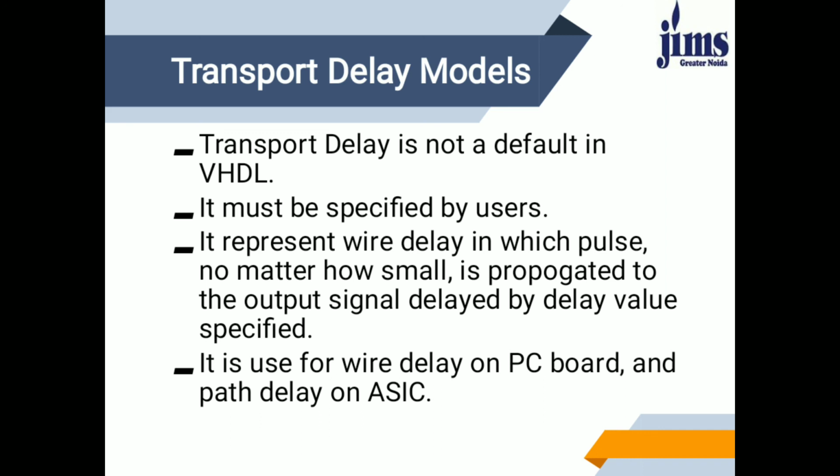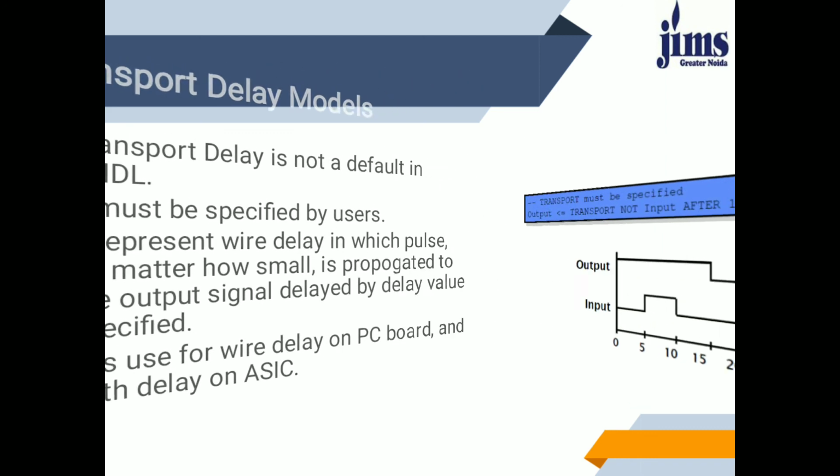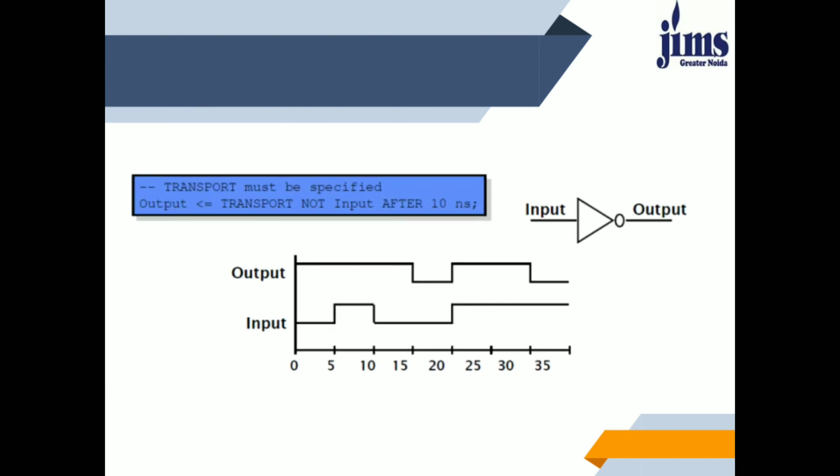It is used for wire delay on a PC board and path delay on an IC. In the transport delay model, we do not need to take care of a window. We just need to write after this many nanoseconds. Then we will obtain an output after 10 nanoseconds. This defines the transport delay.